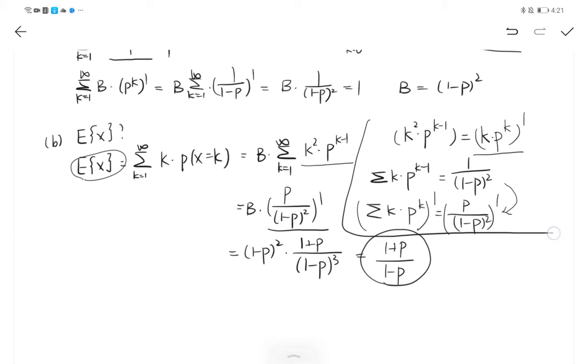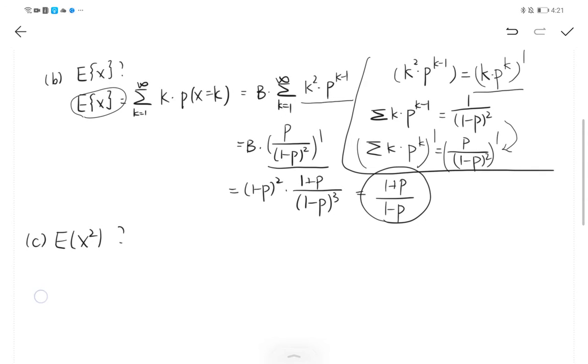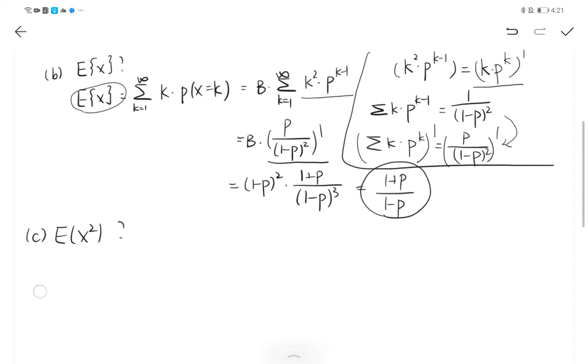And for problem C, we should find the expectation of X to the power 2. Like problem B, let us write the expectation first. The expectation of X to the power 2 equals the sum of k to the power 2 multiply P(X equals k).